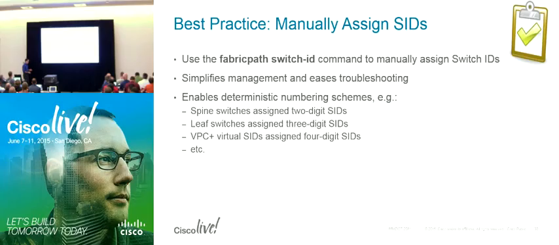All right. If you are deploying FabricPath, and this is very important, it is best practice to hard code your switch IDs. Why? If you hard coded it, then you know exactly that this given switch is always switch ID, let's say 100, and the other switch is 200.